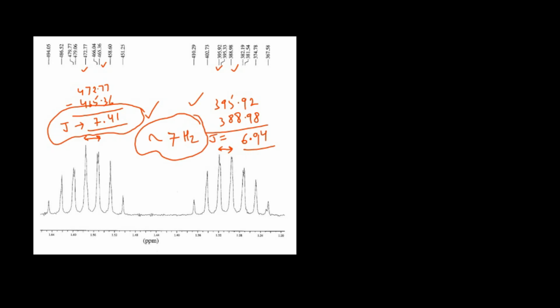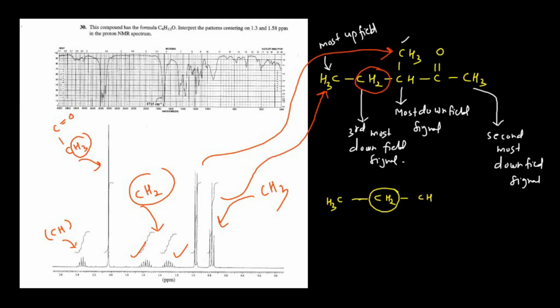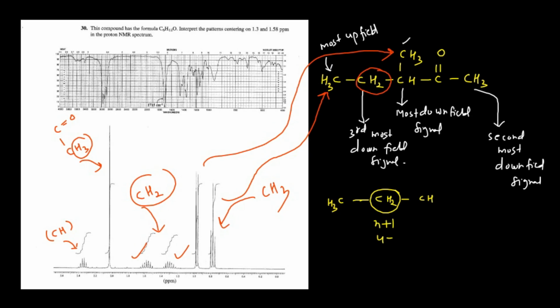If these two values are exactly 7 hertz, then definitely what will happen? You will get the quintet. Say for example, this coupling constant and this coupling constant have the identical value, so you will get a quintet. How a quintet? 3 hydrogens are here, 1 hydrogen is here, so 3 plus 1, that is 4. Or if you apply the n plus 1 rule, 4 plus 1 will give you 5, and this will be your quintet.